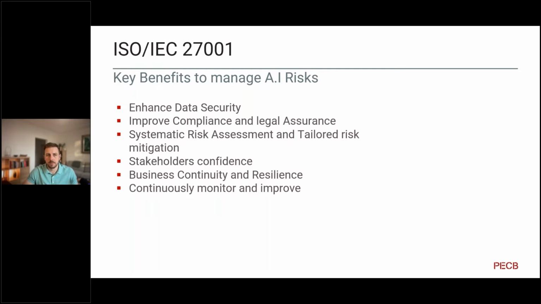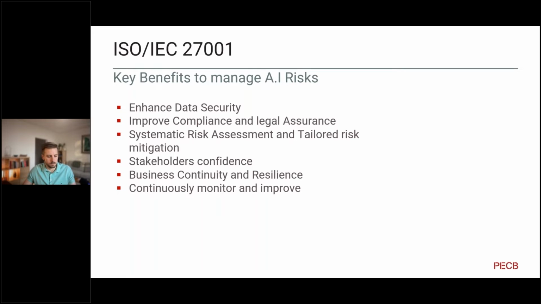The second point is that using the standard, you have to think about compliance and legal assurance. We will see this later in the presentation, but AI technologies are very threatening for a lot of countries all over the world. A lot of people are asking themselves questions about the future and a maybe dystopic world with this AI technology. And we are in a world now where AI technologies are subject to a lot of regulations depending on the country, depending on the continent.